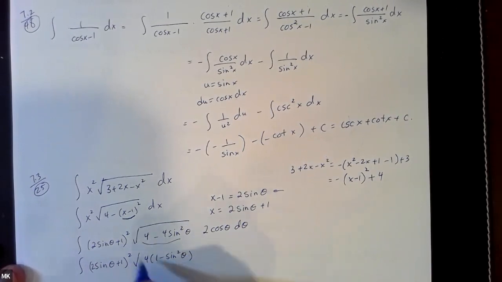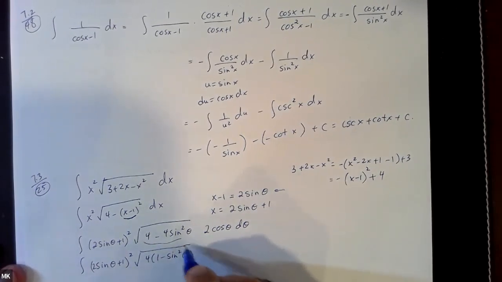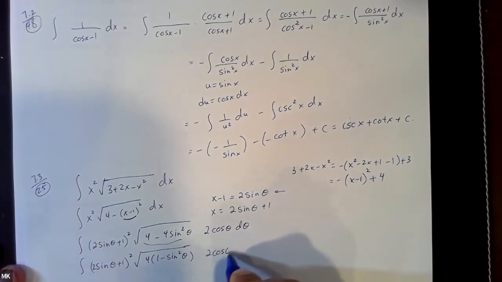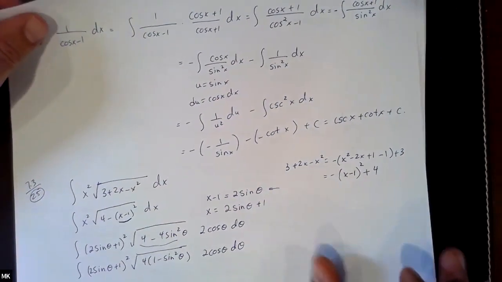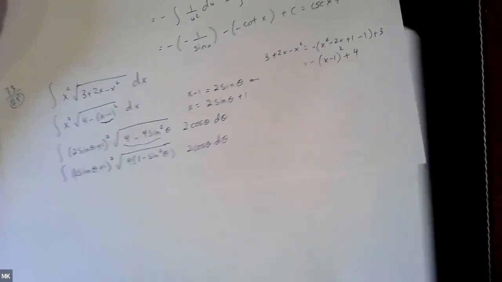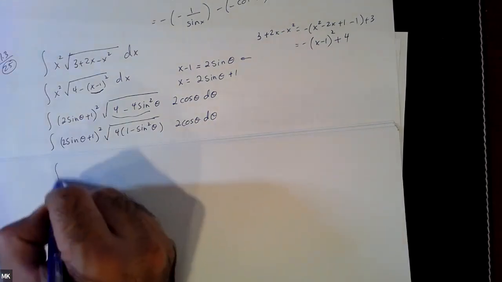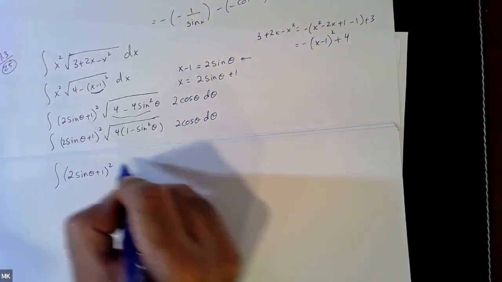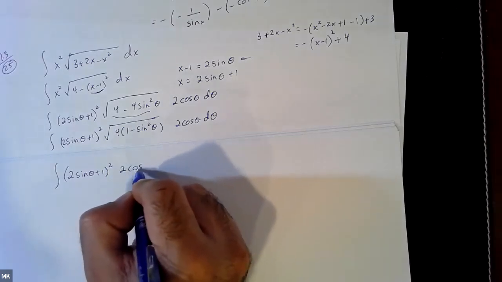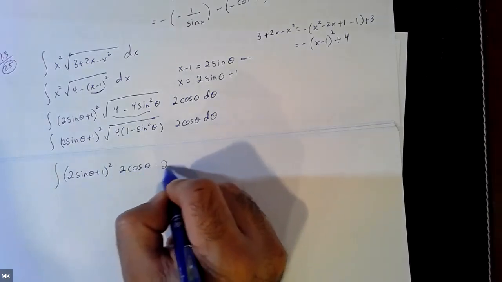Very good. Then we have 2 sine theta plus 1 squared, 2 cosine theta times 2 cosine.